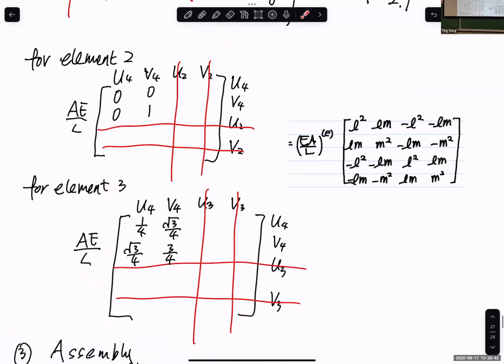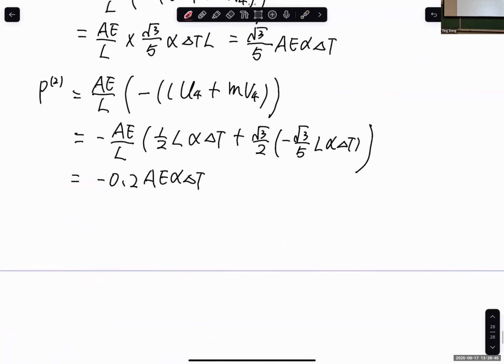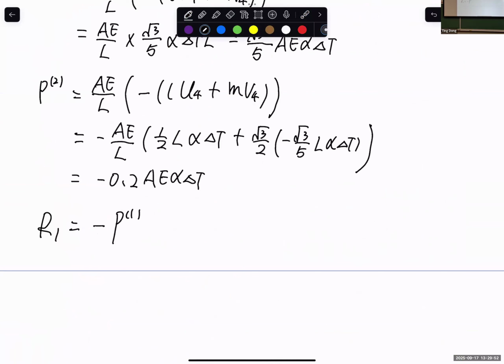So the reaction force I can simply write as equal to negative P1.